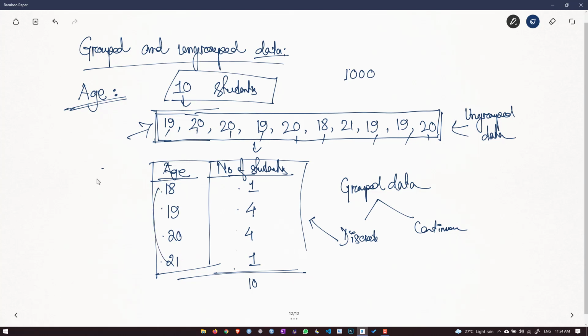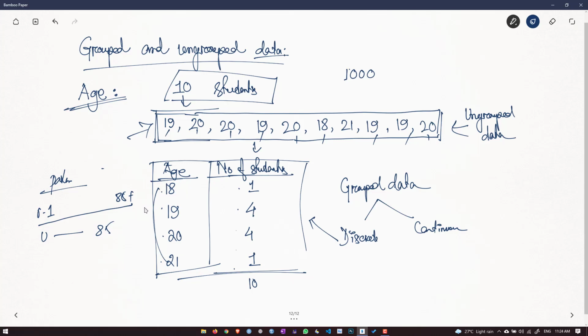Now if the situation is different, if we are asking the age of patients of a particular hospital, there are possibilities that there will be infants with age 1 or 0, and very elderly people with age maybe 85 plus, right? So the possible range of age is from 0 to 85.